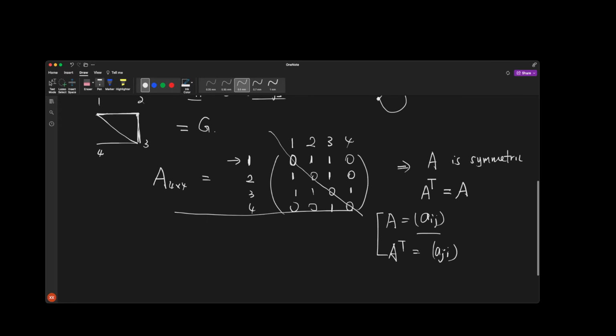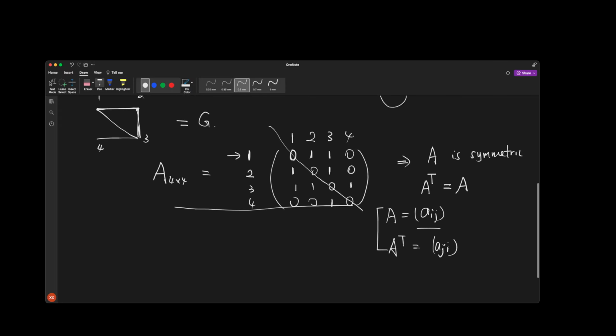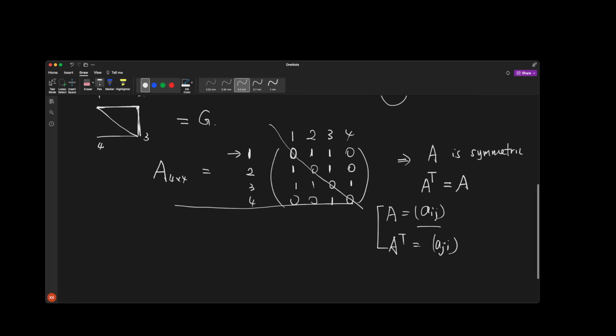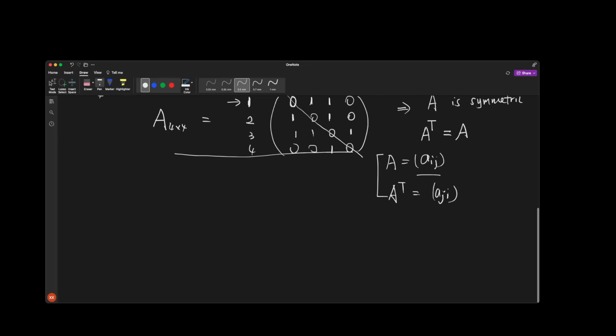Okay, so this is just a definition. I want to prove a theorem, which tells you why it is efficient to represent a graph using matrices. But before that, let's recall something we already talked about.